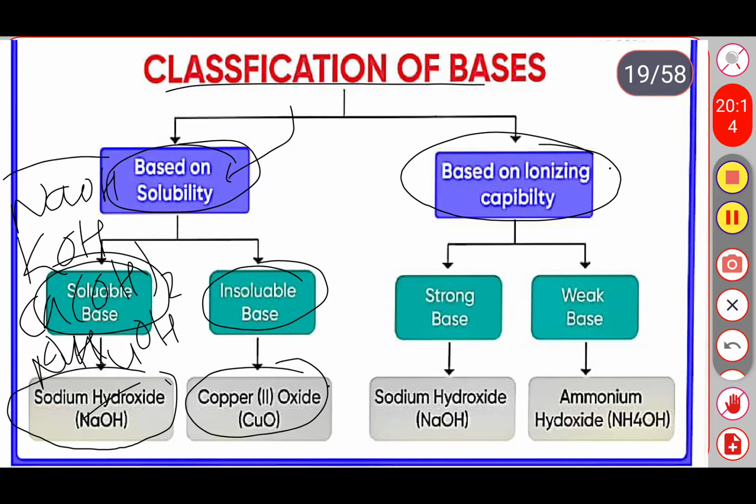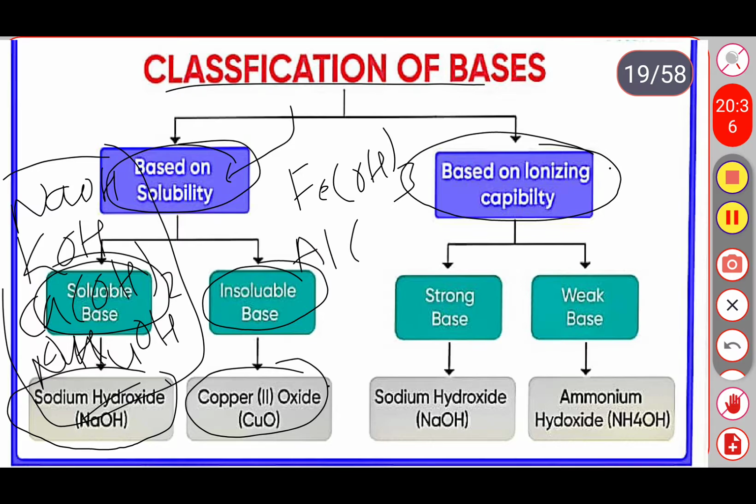Insoluble hydroxides include ferric hydroxide, Fe(OH)3, and aluminium hydroxide, Al(OH)3. These are also types of insoluble bases. So on the basis of solubility, we classify the bases into two types: soluble bases and insoluble bases.